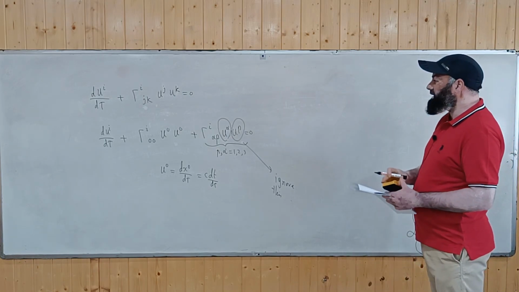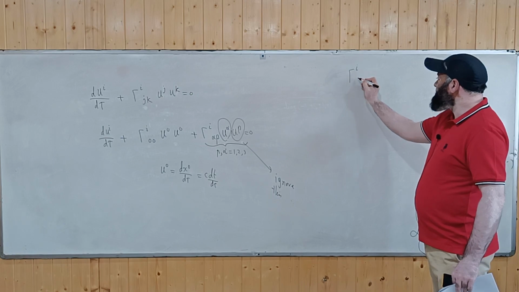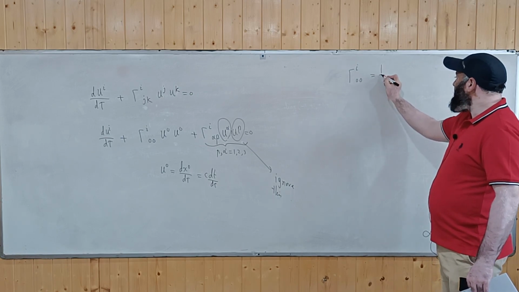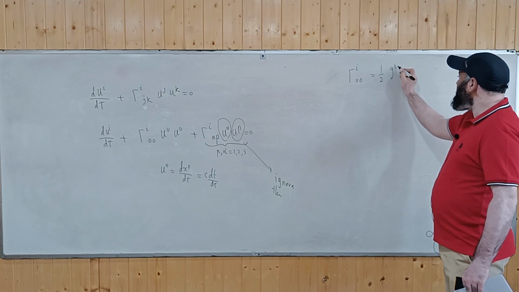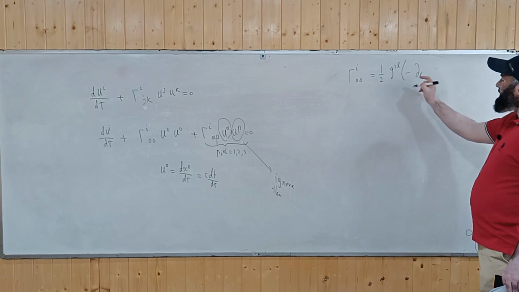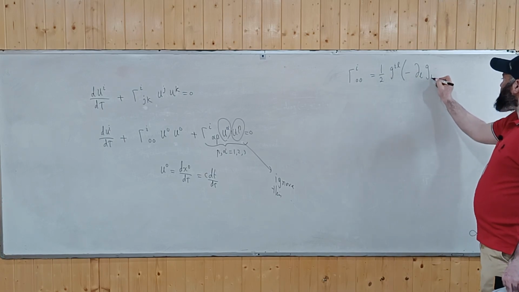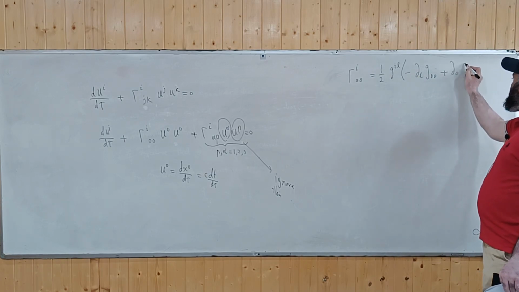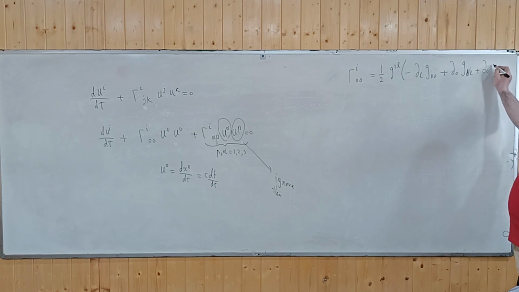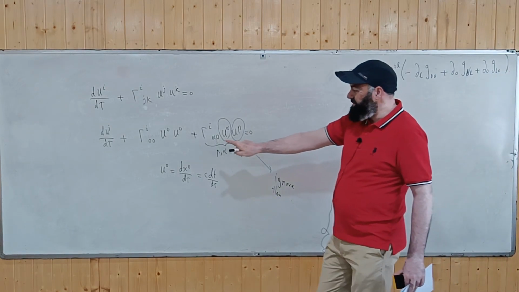So let's take this very object, Γ^i_00. What is that equal to? Half of g^iL, let's write L, times minus ∂_L g_00 plus ∂_0 g_0L plus ∂_0 g_L0. Clear? So let's evaluate this very object first.